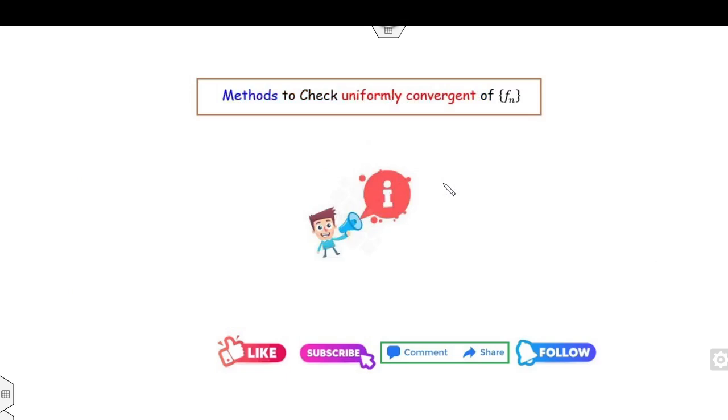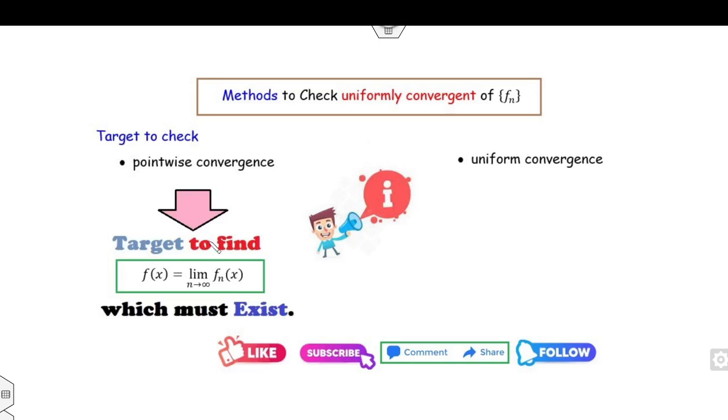Now, how can you check uniform convergence? Whenever the question asks you to prove or disprove uniform convergence, you need to check pointwise convergence first, and then check uniform convergence. If the limit of fn(x) exists, then it is pointwise convergent.